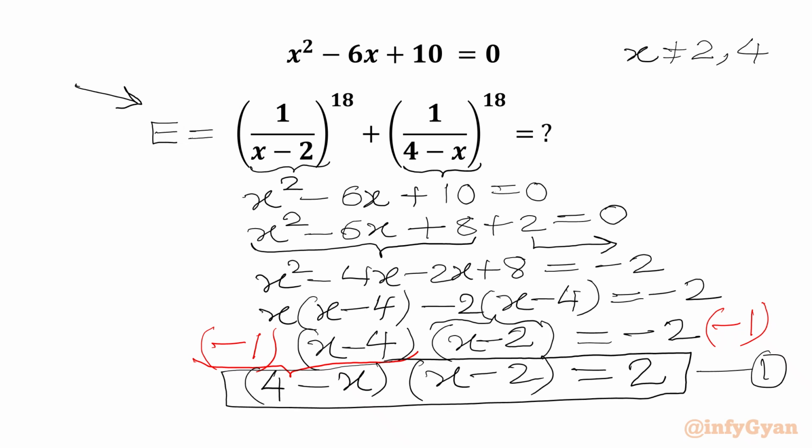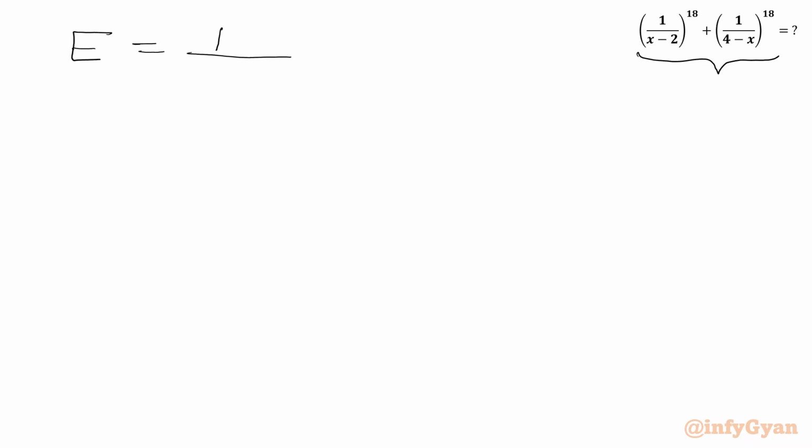Now we will consider our expression. I will write here expression E equal to. Here it is. We will split numerator and denominator. So 1 power 18 is (1/(x-2))^18 plus 1 power 18 is (1/(4-x))^18.